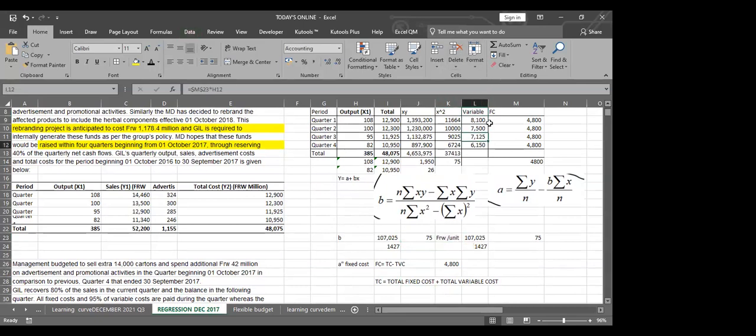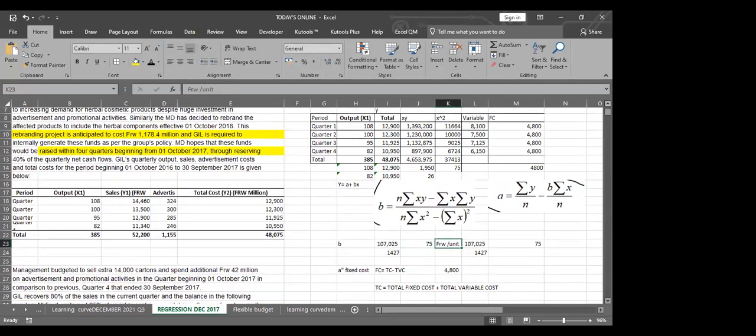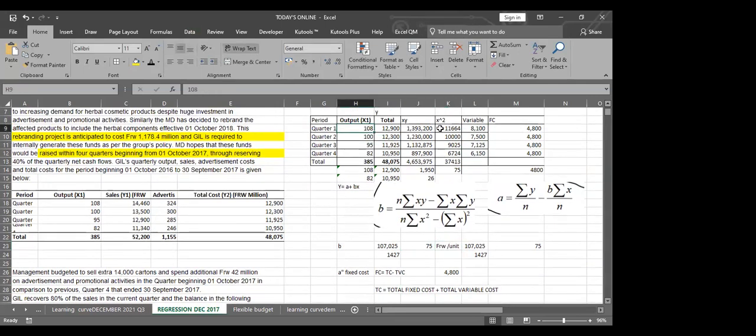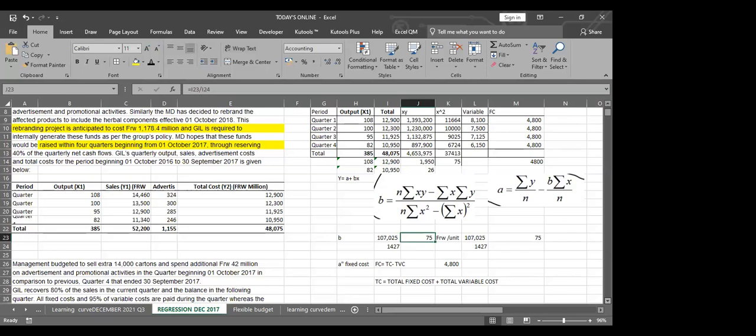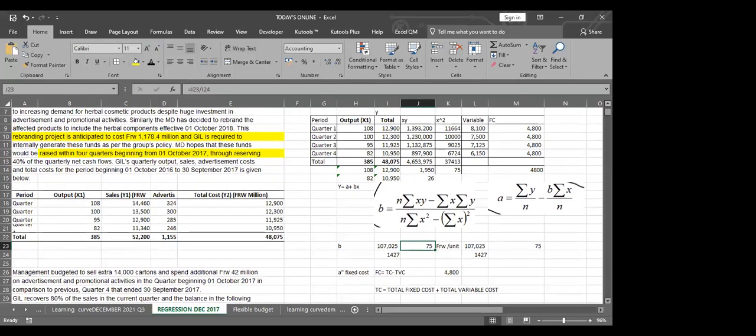We got a rate already. B is a rate. B is a gradient. The rate is 75 francs per unit. Then find where the units are. The units are here, multiplied by the rate which is here, and you get your variable cost. So we already have it. Okay. So that is it. We can move to the next cells.